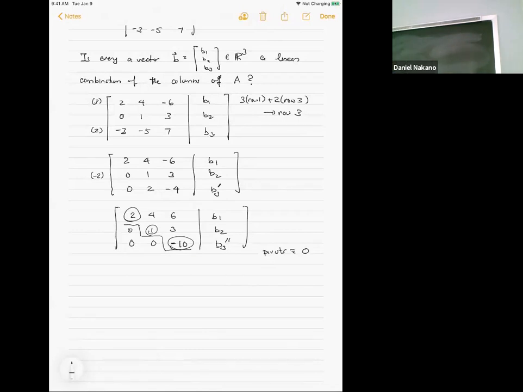So by the homework problem, we know there's a unique solution. Because we have all the pivots in this 3x3 system of equations, there exists a unique solution.